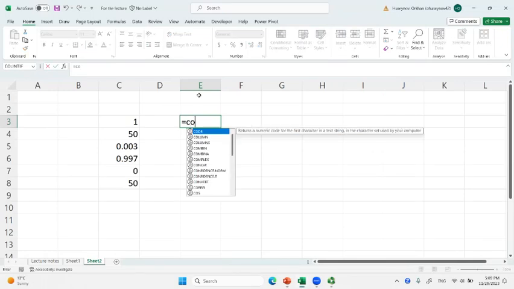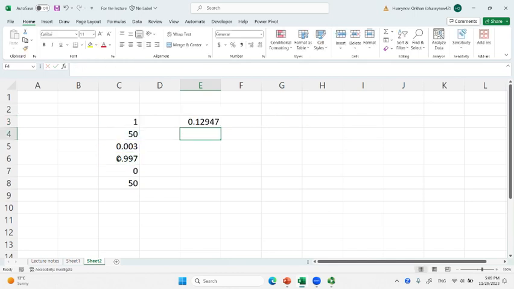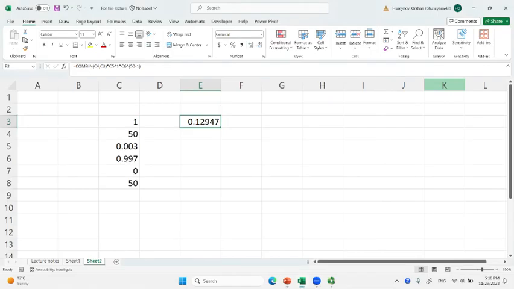So it will be the combination of 50, and we choose 1, times this one to the power of 1 times this one to the power of 50 minus 1. Okay, this makes 0.1295, let's say.